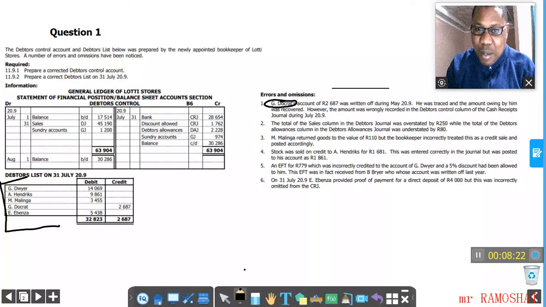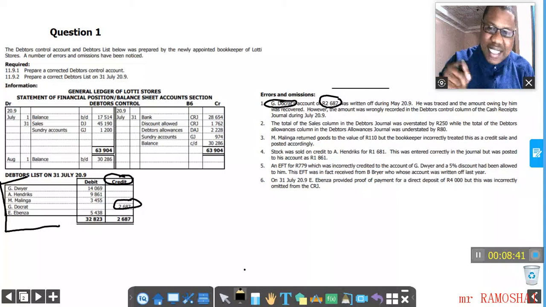So look at these two amounts. Right? So credit means minus, right? So his amount was minus. So what do we do as a business now? We must write him off.